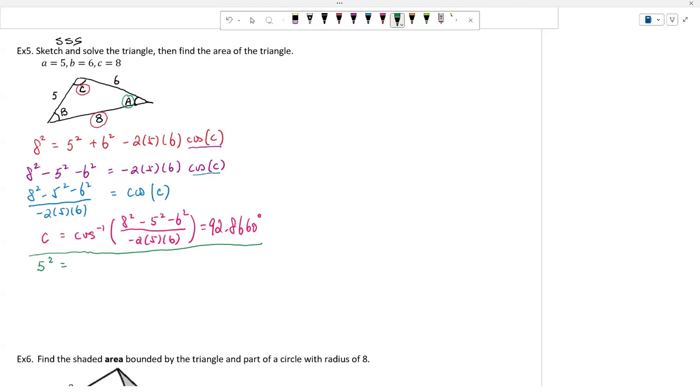So I start with 5 squared equal to 6 squared plus 8 squared minus 2 times 6 times 8 cosine of A. Now I would like to solve for cosine of A. Then cosine of A is equal to 5 squared minus 6 squared minus 8 squared divided by negative 2 times 6 times 8.